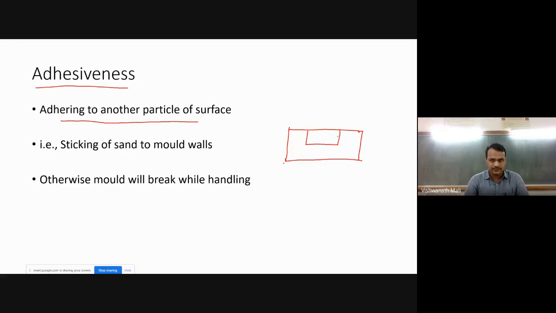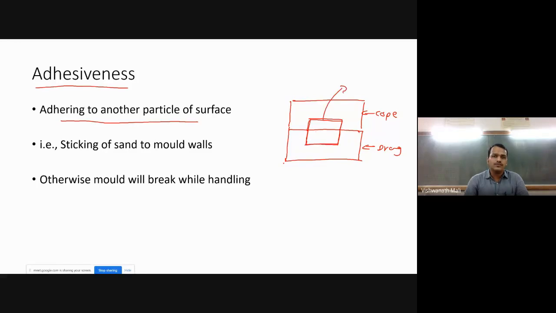Here there is a pattern, then another part of the pattern we keep like this, and then we keep the cope. This is the cope and drag, and we prepare the mold with the help of the pattern.